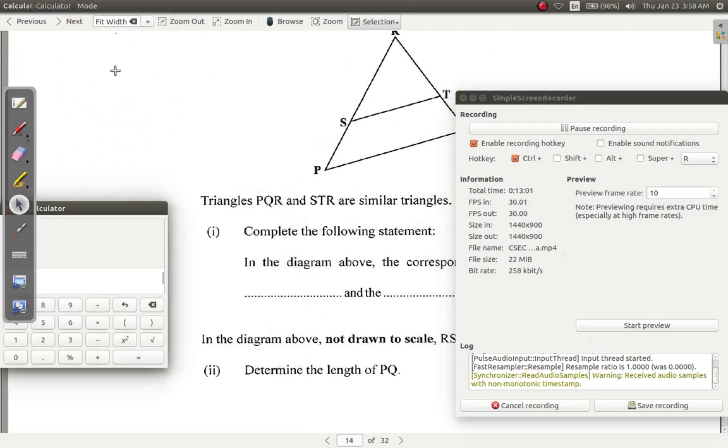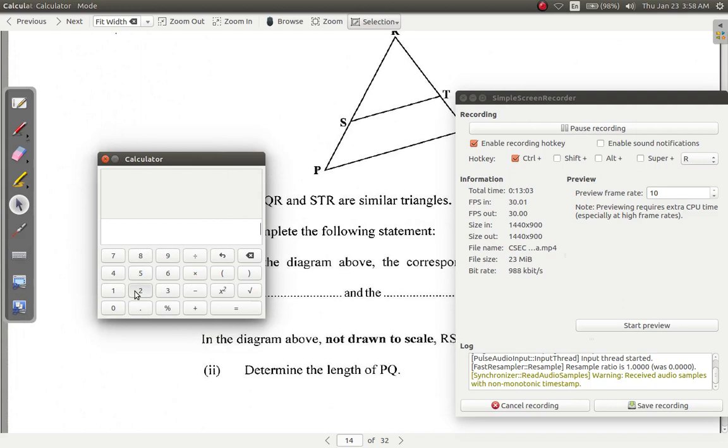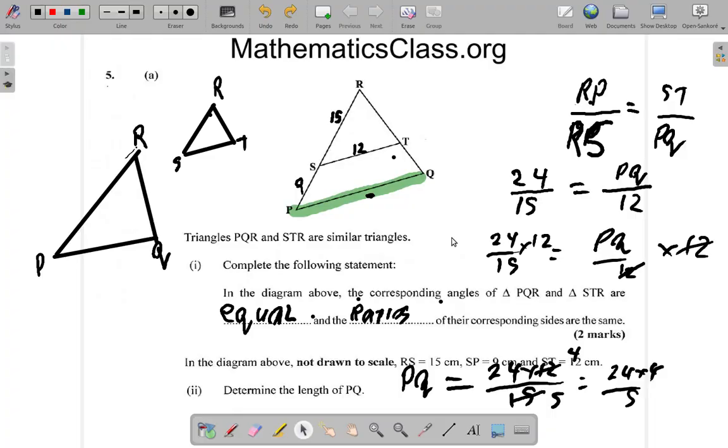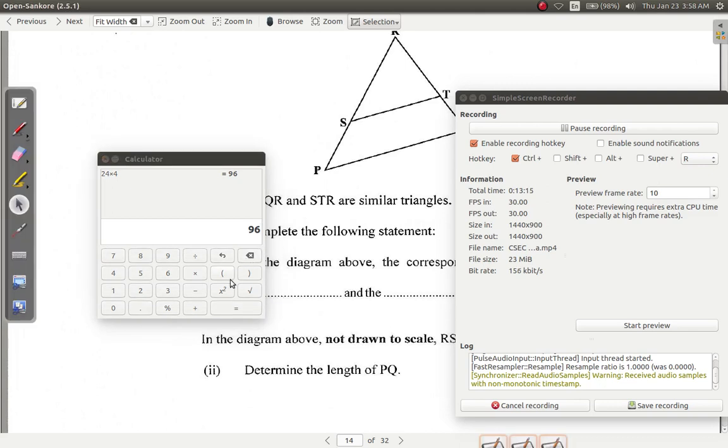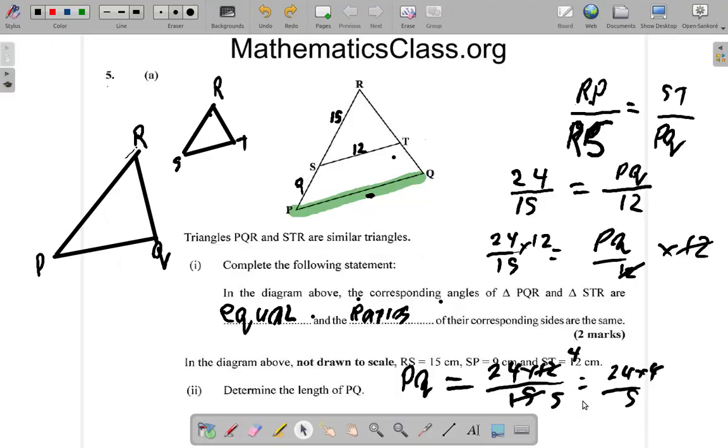My calculator, yeah, 24 by 4 just to save time and stress. It's 96, so it's 96 over 5, equal to 19.2. Is that in centimeters? Yeah, centimeters. Okay.